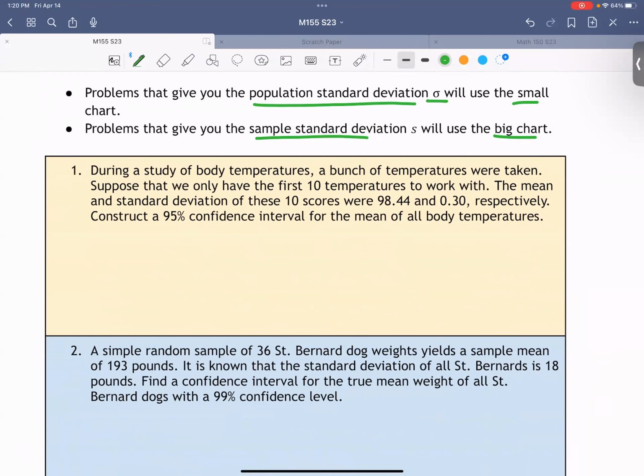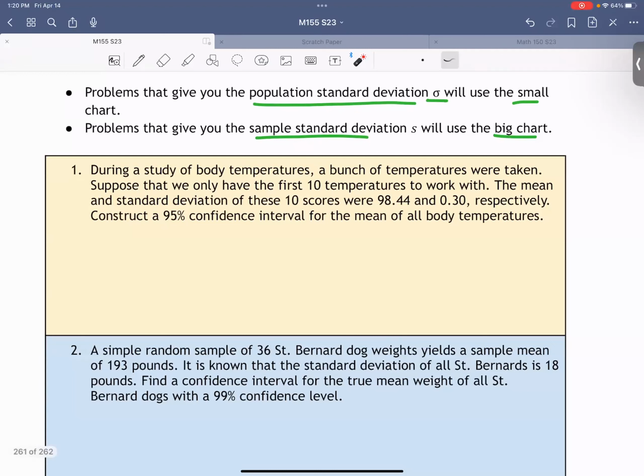Okay. Let's do number 1. Here we have a study of body temperatures. A bunch of temperatures were taken. Let's suppose that we only have the first 10 temperatures to work with. Well, if we only have the first 10, I guess that's a sample, right? That's a sample of 10 things.